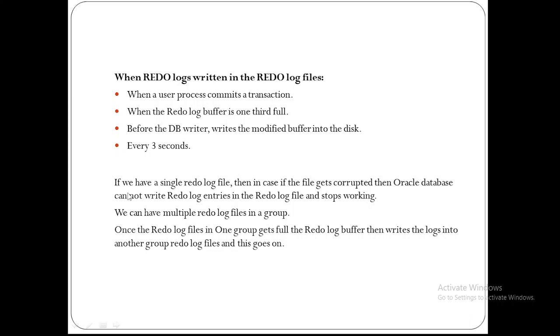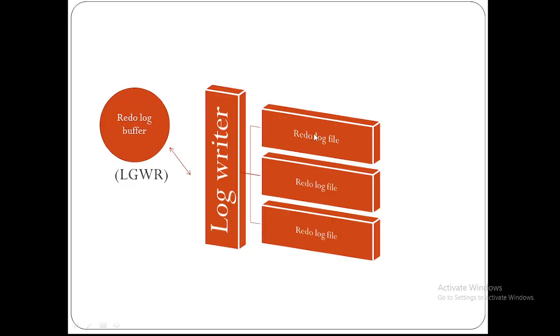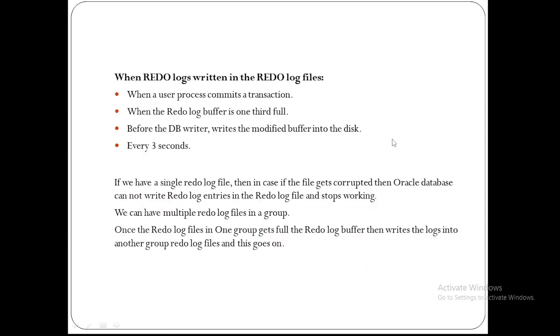Okay, so if we have a single redo log file and that file gets corrupted, the log writer will not be able to write into it, and this process halts, and then the database stops working, as it won't be able to complete this process.